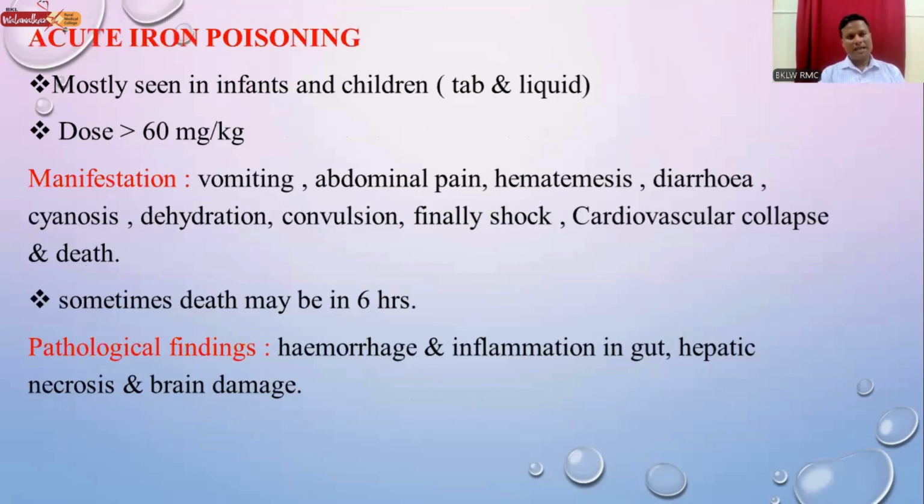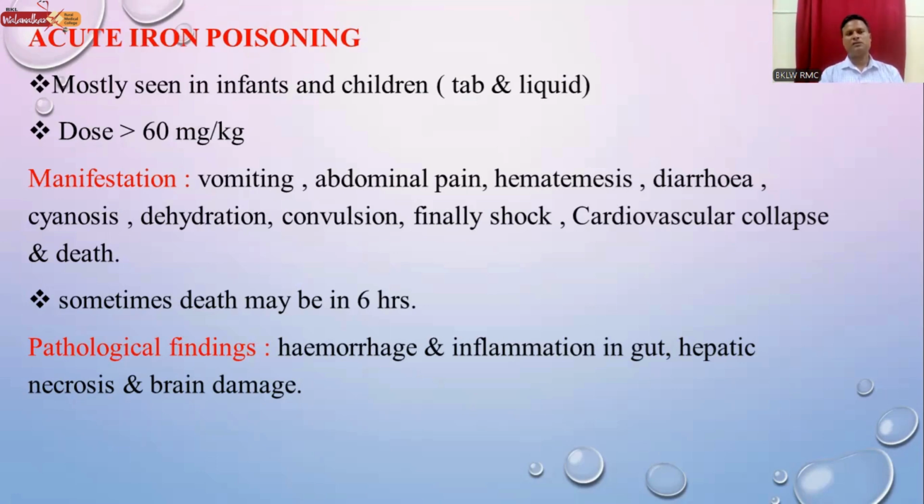Also, coming to acute iron poisoning. It is more commonly seen in infants and children when they accidentally consume 10 to 20 tablets of these iron salts, or any liquid preparation. If the dose of iron is more than 60 milligram per kg, then we can expect acute iron poisoning in such children.